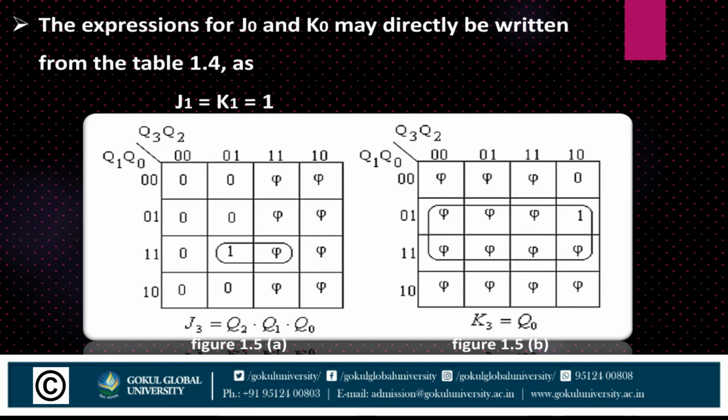First, figure 1.5a is for J3 is equal to Q2 dot Q1 dot Q0, and figure 1.5b is for K3 is equal to Q0, and all these are available here.